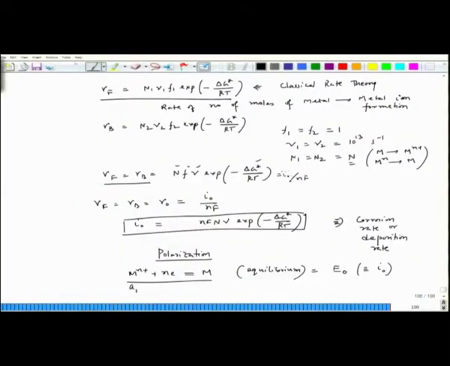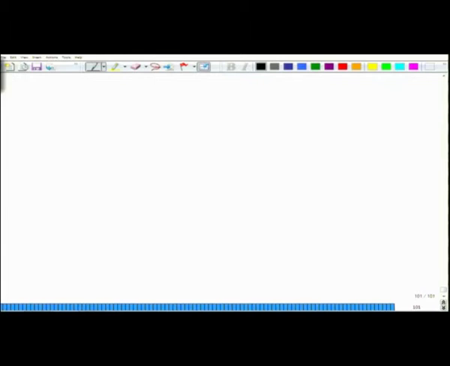That means activity of M n plus equal to 1, temperature equal to 25 degrees Celsius and pressure equal to 1 atmosphere. So, then it becomes E 0.